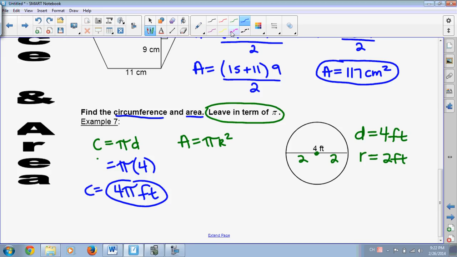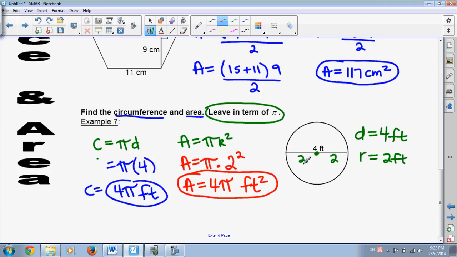So for area, we need to use the radius, pi times the radius squared. Well, the radius here is 2. So 2 squared is also 4. 2 times 2 is 4. And then times your pi. You don't put that in your calculator. You leave it in terms of pi. You just put the pi next to the number. 4 pi, and then because it's area, it is feet squared.